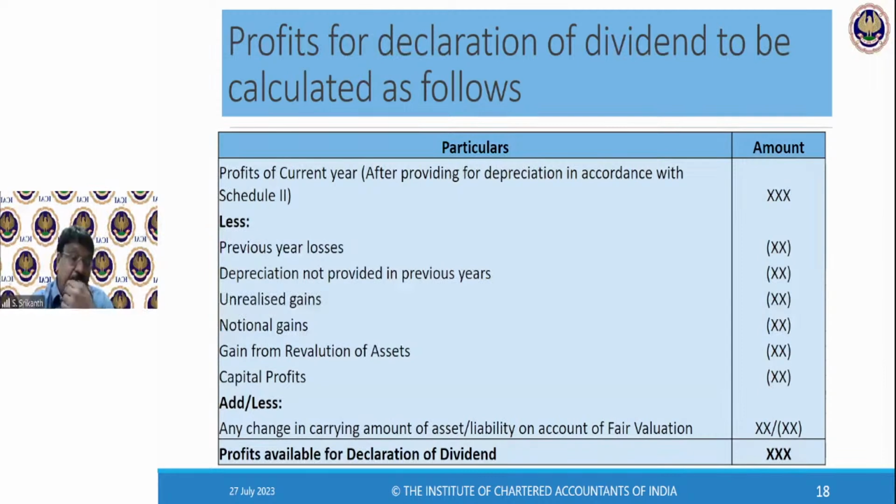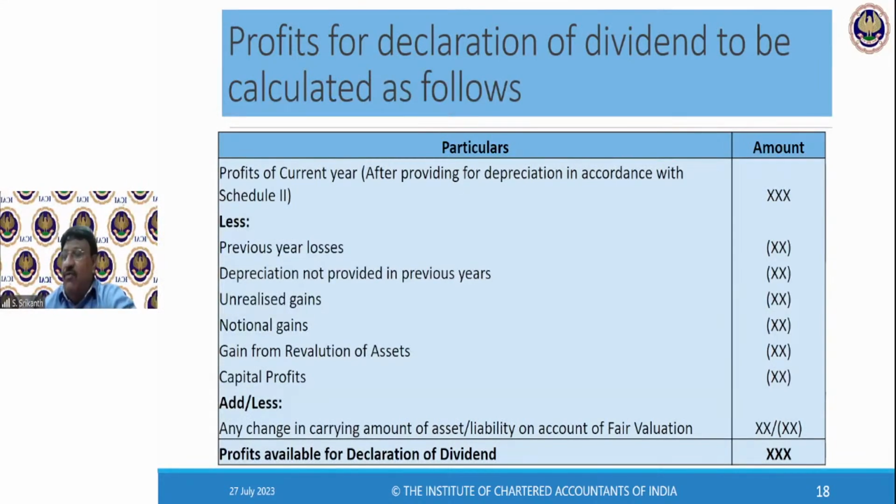In which case, purely for carrying an amount of asset or liability at its fair value, if there is any impact on the P&L account, to that extent you have to either add or deduct. If it has reduced the profit, add. If it has increased the profit, deduct.